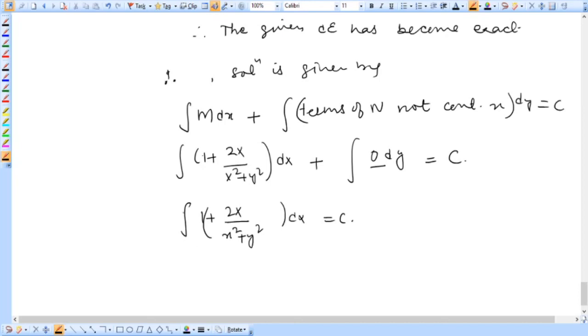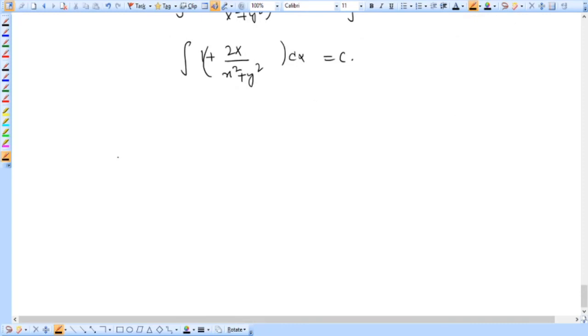Now it is equal to integration of 1 dx plus integration of 2x over x square plus y square dx is equal to c.